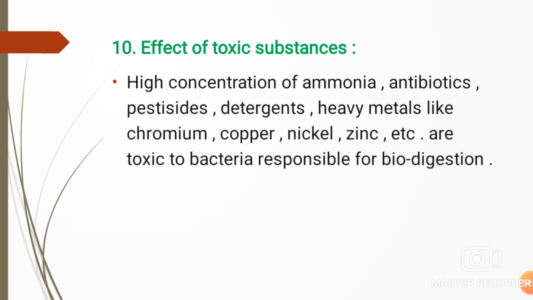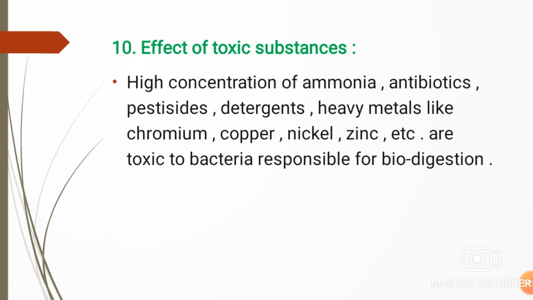All these materials are toxic, and when we use this material as raw material or biomass for the production of biogas, then after the fermentation process starts, these materials are hazardous to the bacteria responsible for biodigestion. Sometimes the bacteria may be damaged due to these toxic substances, and so we get minimum efficiency of that plant. So this factor plays a very important role in the efficiency of that particular plant.